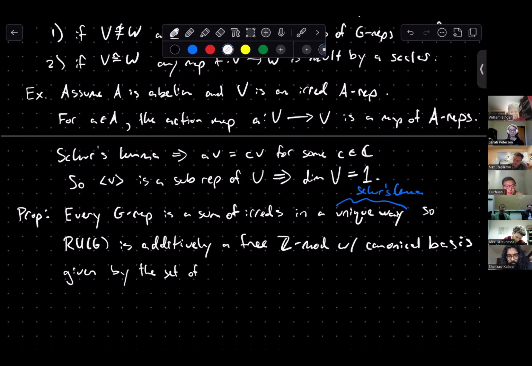So that tells us the entire additive structure of the representation ring of G, and that it's not particularly interesting.